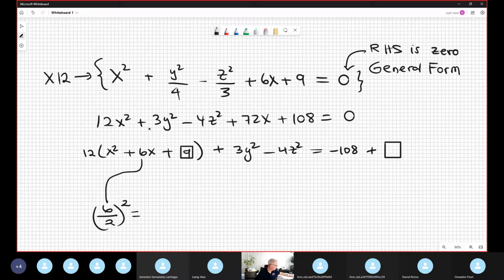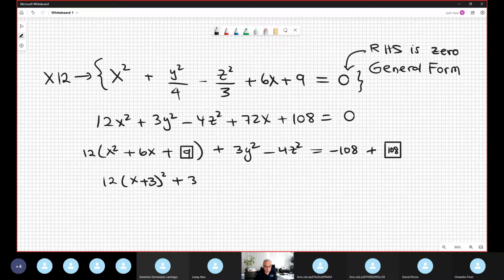Let me check it with the calculator. 9 times 12. Yeah, it's 108. Is it coincidence? No. I create this example to get this answer, right? So my equation is 12 times (x plus 3) squared plus 3y squared minus 4z squared equals 0, because negative 108 and positive 108 cancel out.